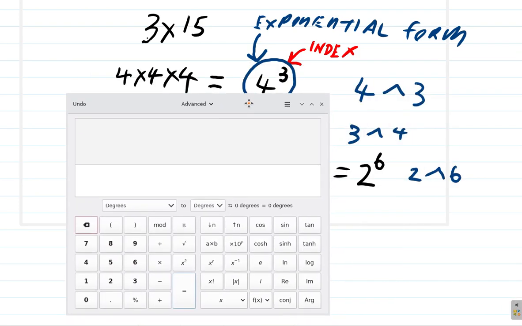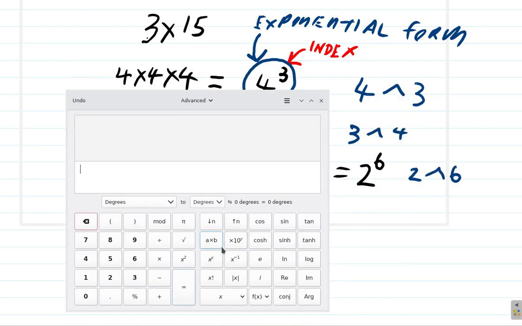I want to raise 4 to the power of 3. Now my calculator here has x to the y. So I say 4, x to the y, and you see the caret come up there, 3, equal, and I get my 64.